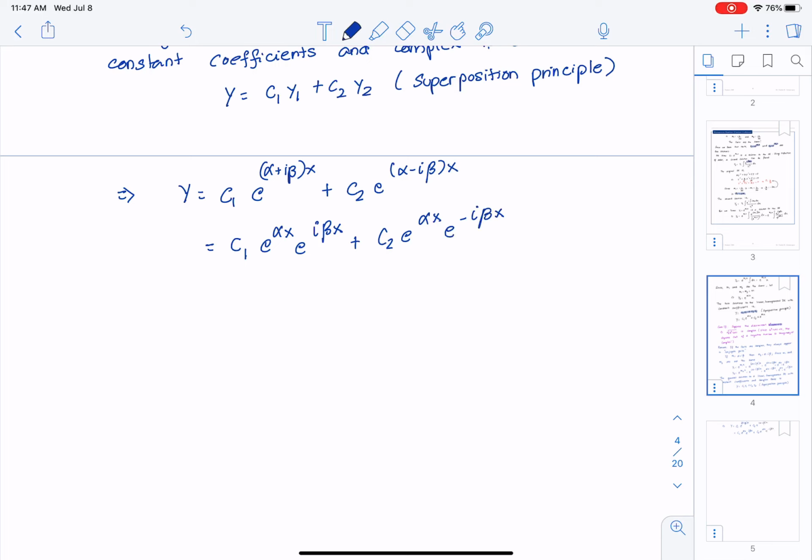And we can see e raised alpha x is common between the two terms, so I could pull that out and write it as c1 e raised i beta x plus c2 e raised minus i beta x. And we end up having complex numbers in our solution, and we don't want to have complex numbers.